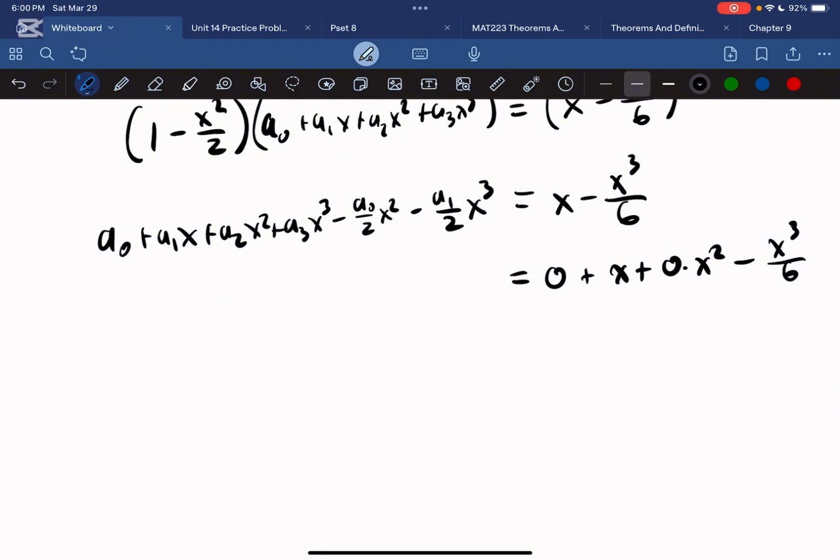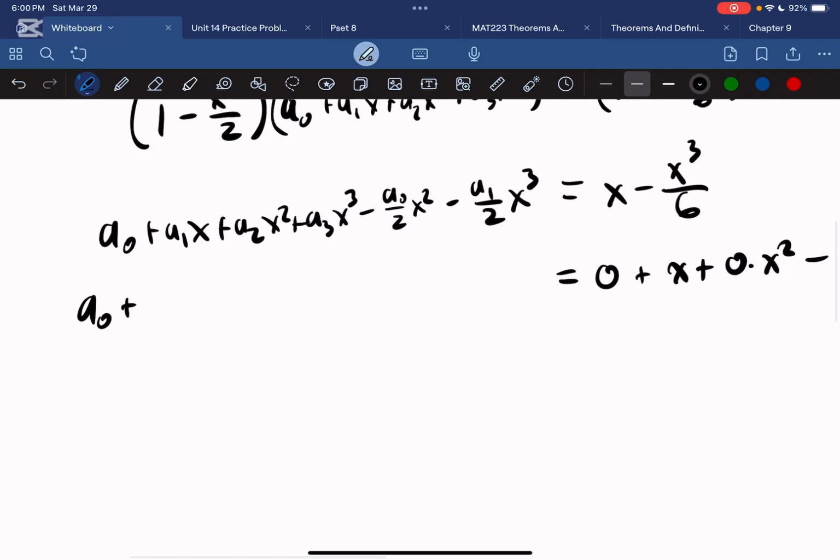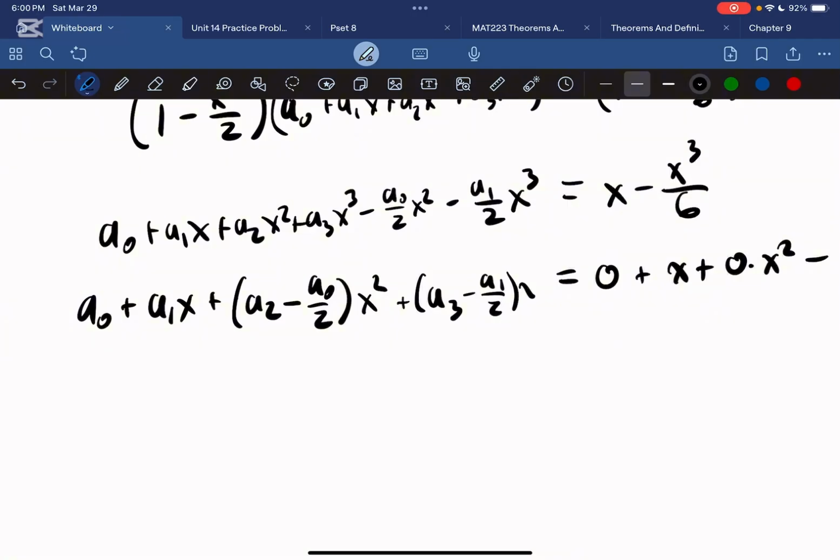And once we collect all like terms, so x has only one term, plus (a2 minus a0)/2 x squared, plus (a3 minus a1)/2 x cubed, right? So we're just collecting like terms.